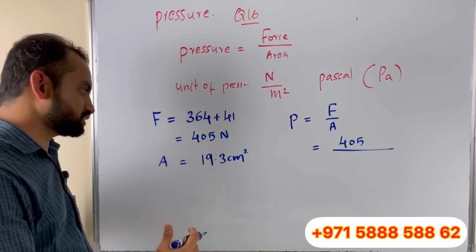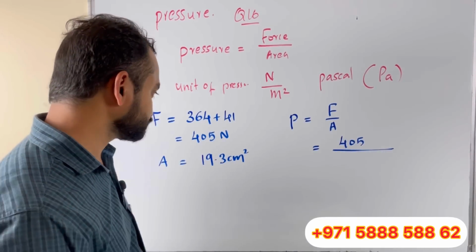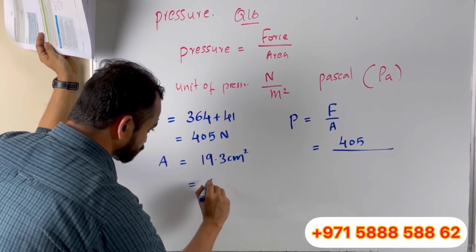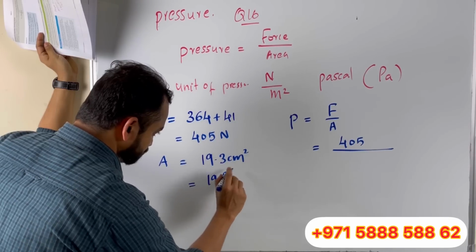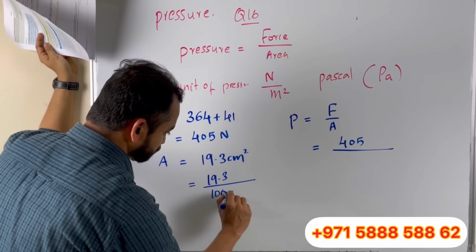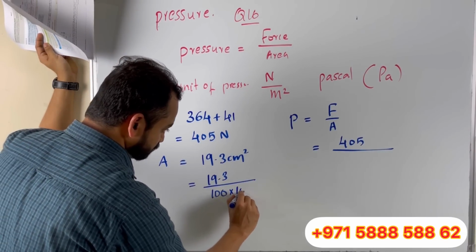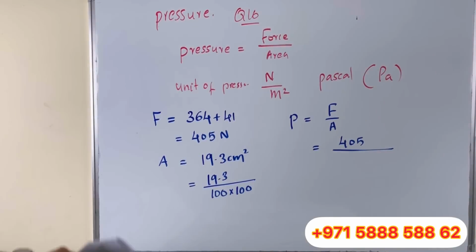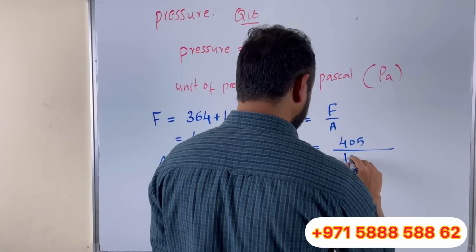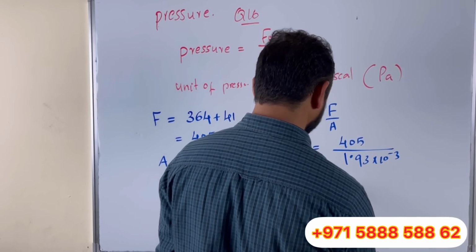So how to change centimeter squared to meter squared? Divide by 100 2 times. So when you change 19.3 into meter squared, centimeter squared to meter squared, 2 times you need to divide by 100. So this becomes 1.93 times 10 to the power negative 3.